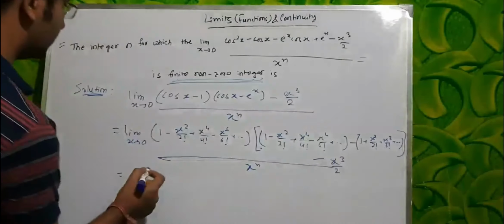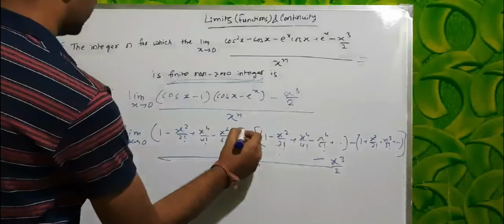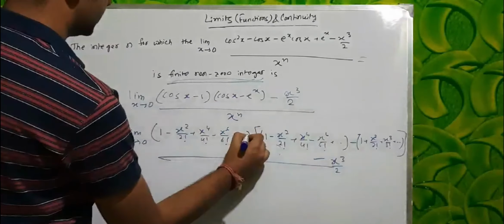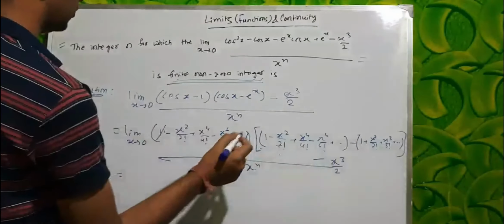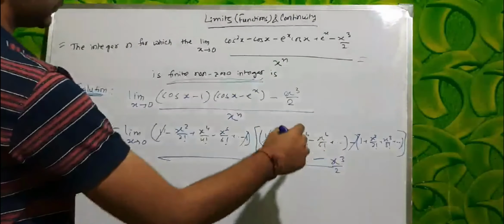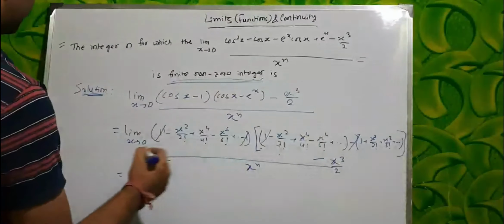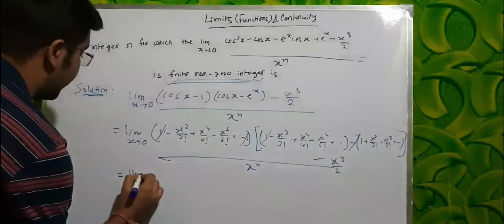Next, what we're going to check is this. There was a 1, so this 1 and 1 cancel out, and over here also 1 and 1 cancel out. If we add those, we get the simplified thing.